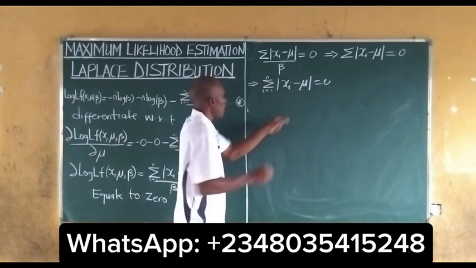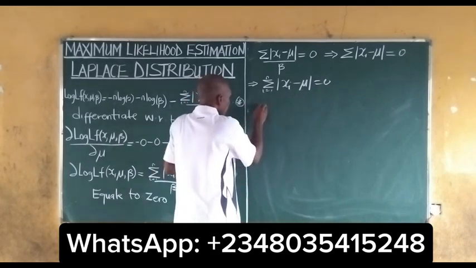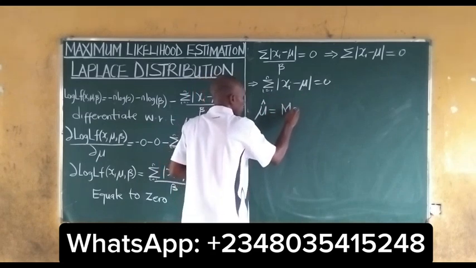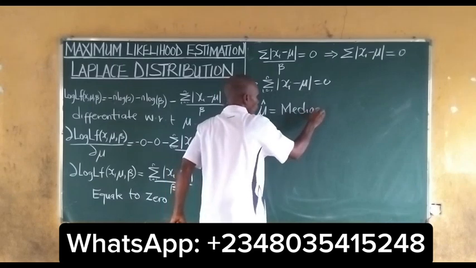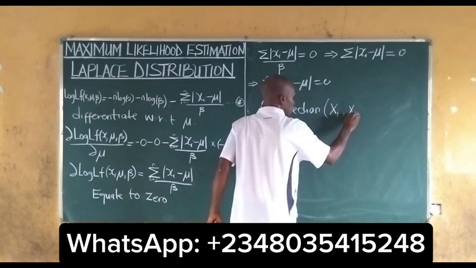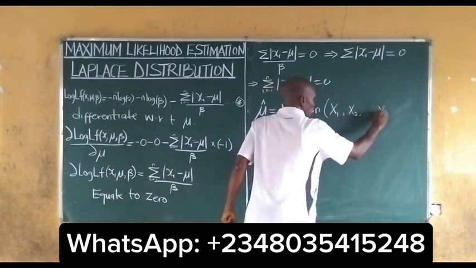This equation is satisfied when mu estimate is equal to the median of x1, x2 to xn.